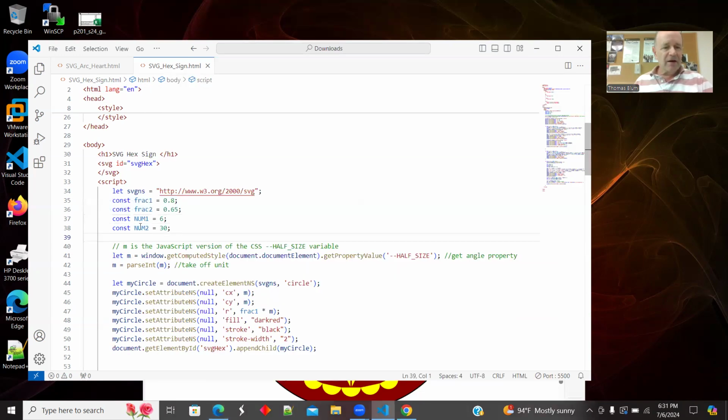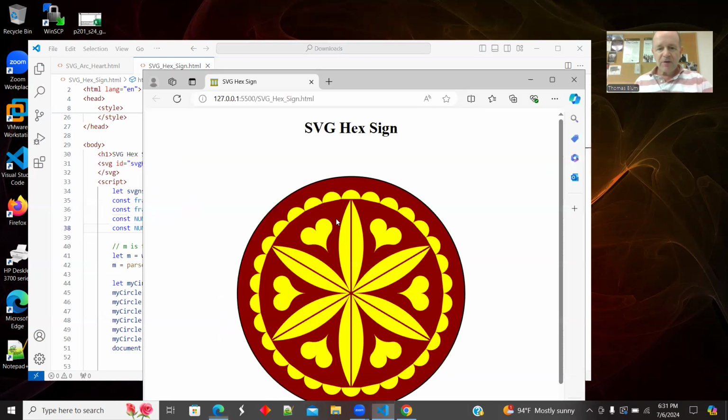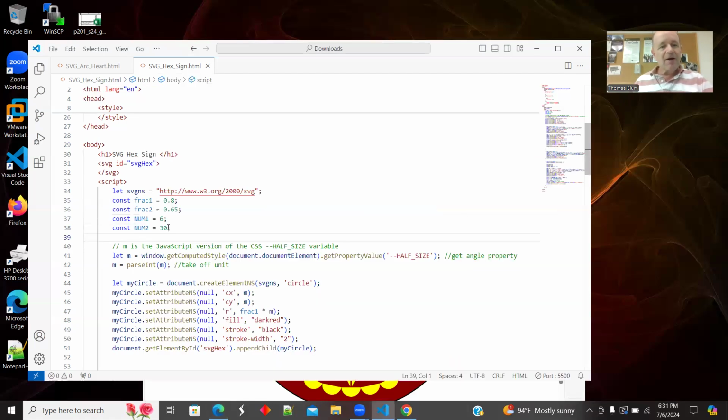And then I have the 30, so that there are 30 of these. This is 1/6 that we know, so sort of 1, 2, 3, 4, 5 of them within the 6, so all the way around 30. We could change that if we wanted.